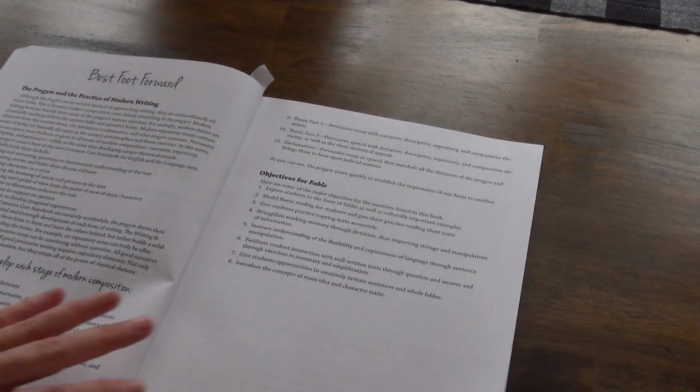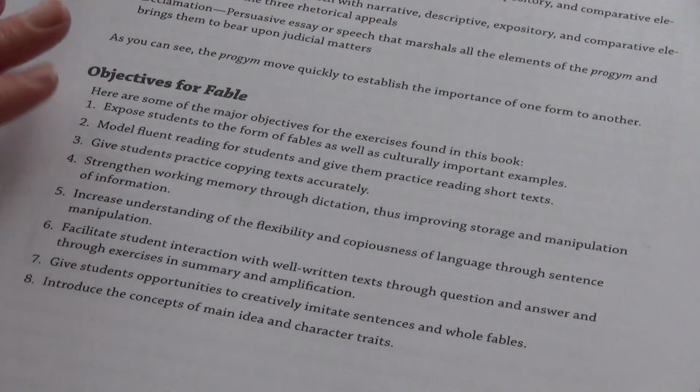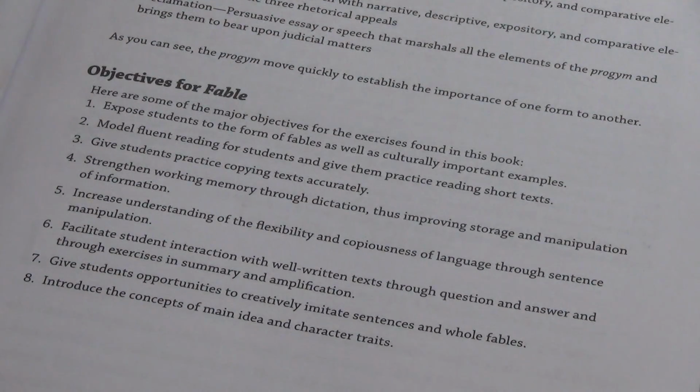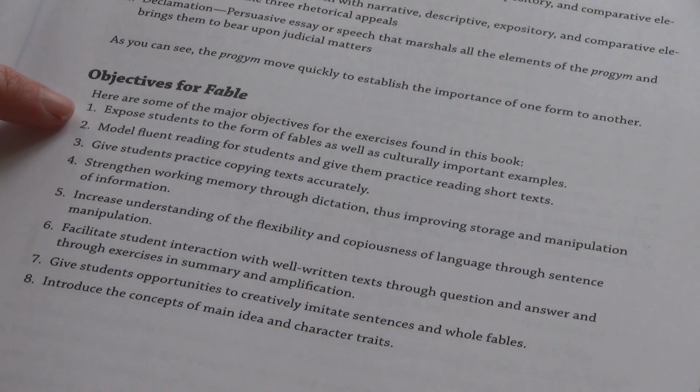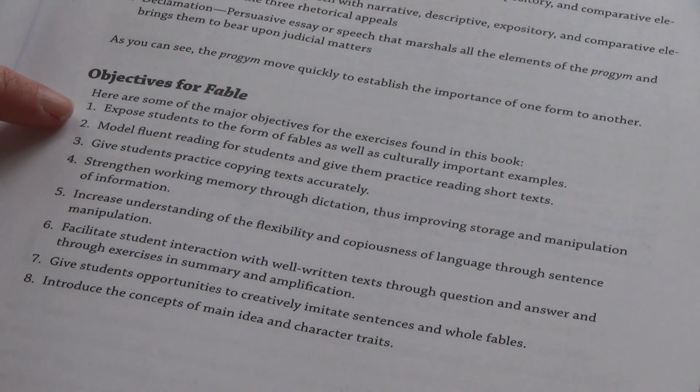The objectives for fables. So for this particular book, here are some of the major objectives and the exercises. First is to expose students to the form of fables as well as culturally important examples. Second is to model fluent reading for students and give them practice reading short text.